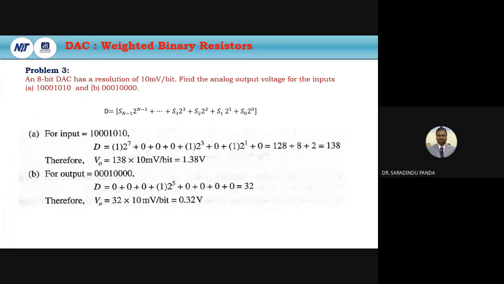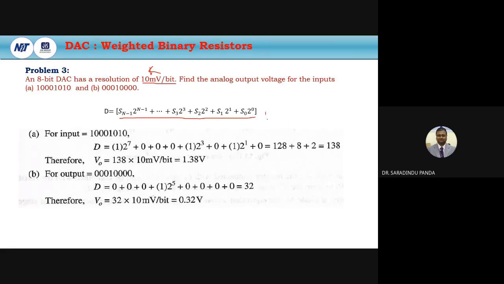Suppose the 8-bit DAC has a resolution of 10 millivolt per bit. It is given. Find the analog output voltage for the input given here. This is the K, the resolution. So very simple. V0 is the output, nothing but K into the weighted output.